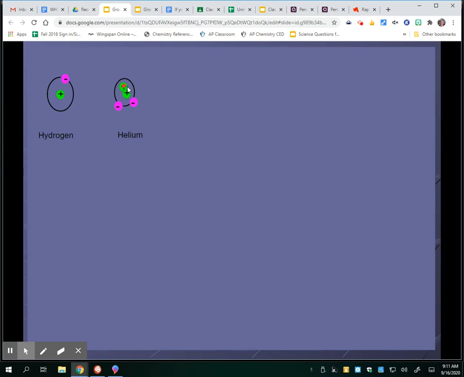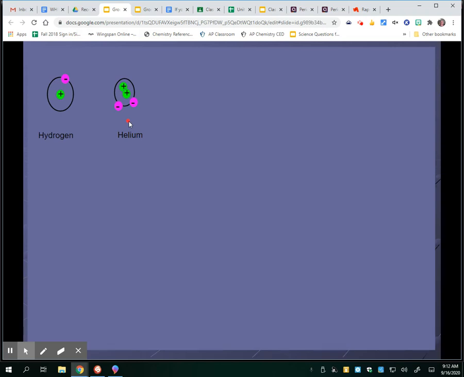Because the magnitude of our charge has increased, we now have two positives attracted to two negatives. The attraction is greater, and I tried to reflect that in my drawings. It consequently makes helium a little bit smaller, because it pulls in those valence electrons a little bit more.